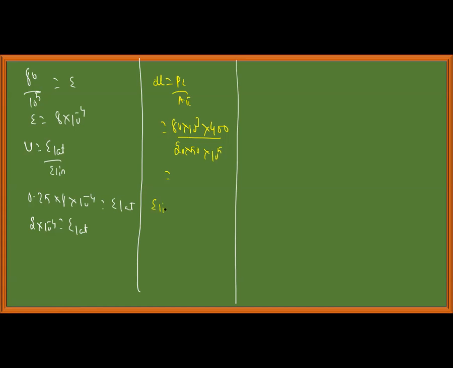Epsilon linear we know, which is equal to delta L by L. Epsilon linear is 8 into 10 power minus 4, into length, which is 400 mm.